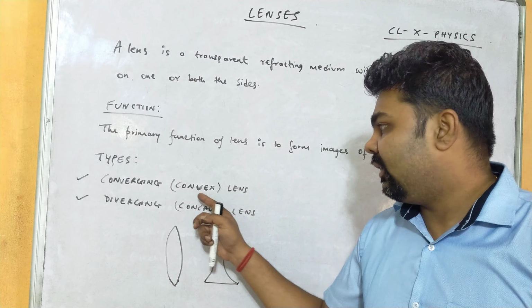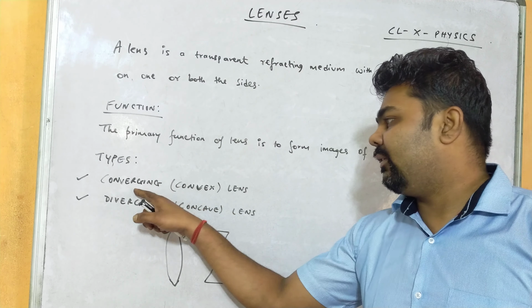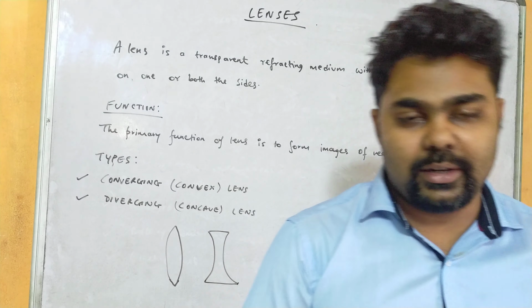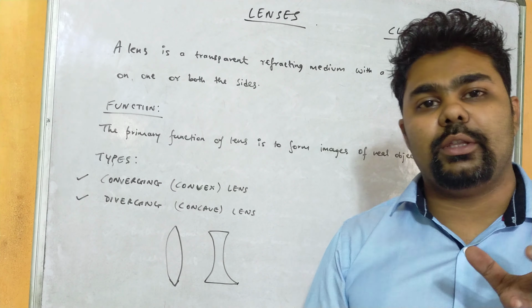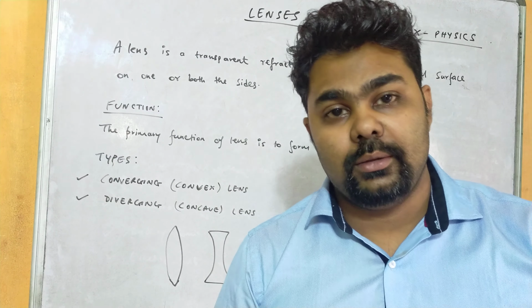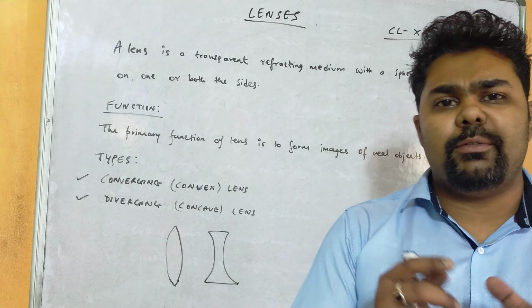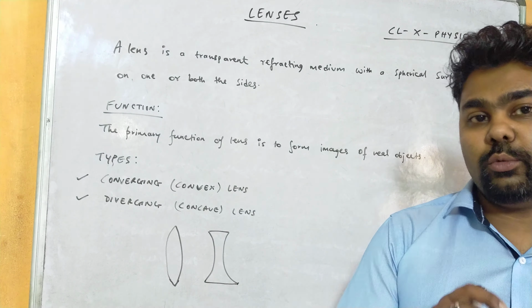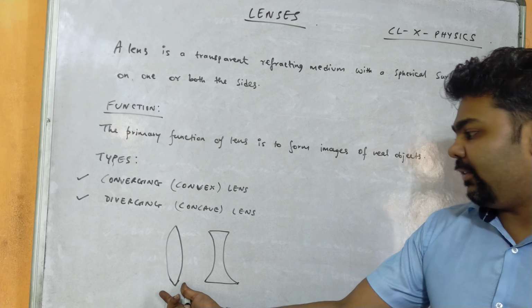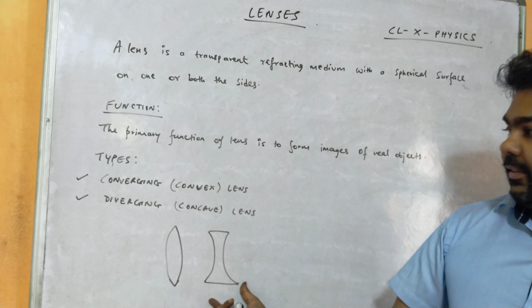So that's the reason a convex lens is considered a converging lens, whereas a concave lens is considered a diverging lens, because when light falls on a concave lens, it appears to diverge from a fixed point, from the point of focus. That is why they are considered diverging lenses. So this is the biconvex lens and this is the biconcave lens.